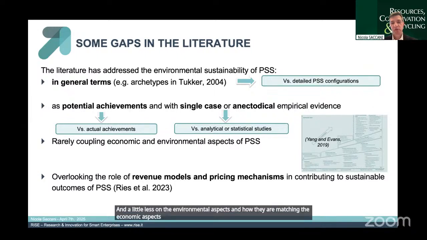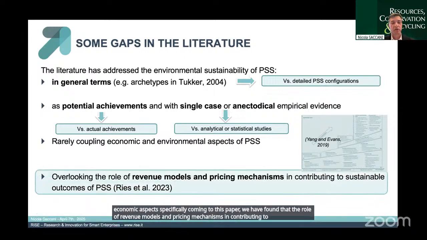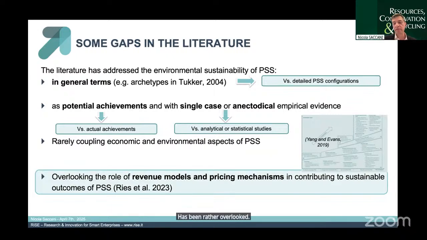Specifically, coming to this paper, we found that the role of revenue models and pricing mechanisms in contributing to the sustainable outcomes of PSS has been rather overlooked to date.